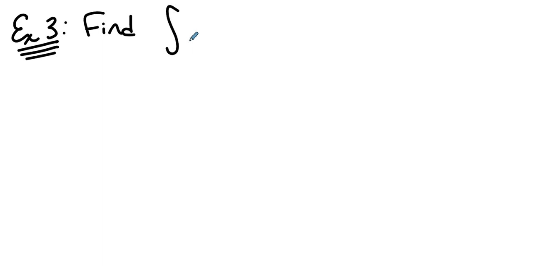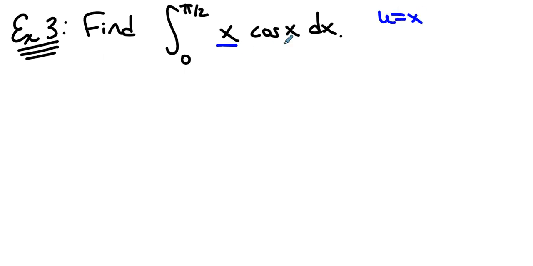The integral from 0 to pi over 2 of x cosine x dx. It feels like it's an integration by parts problem. This is a product, so maybe this is the u and maybe this is the dv.